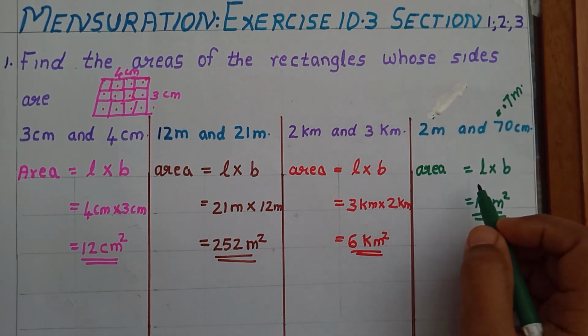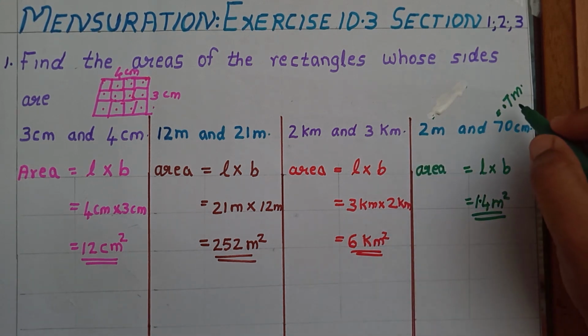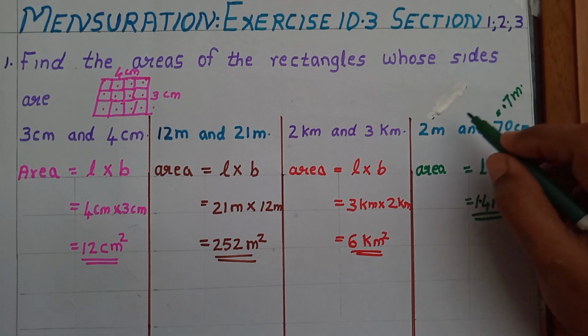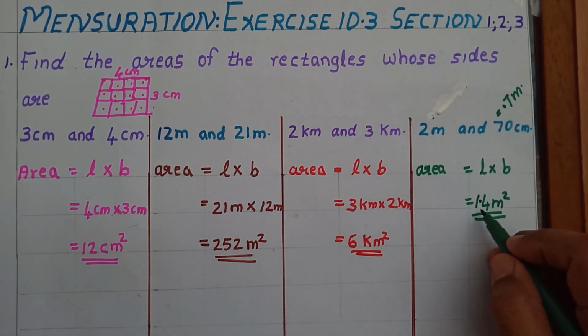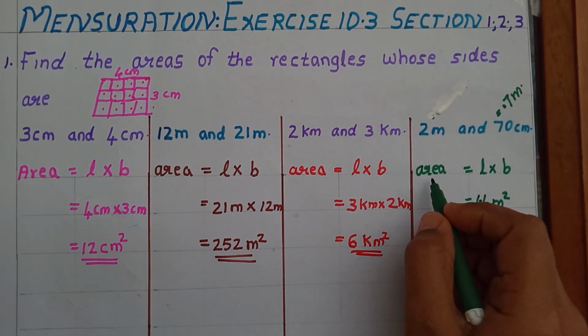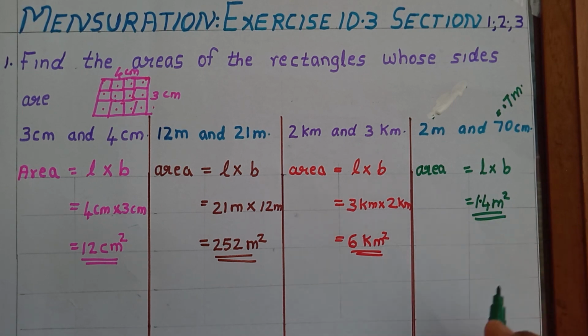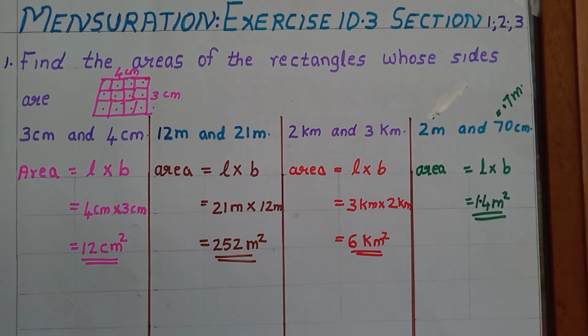Therefore area is L into B. L is 2 meter and B is 0.7 meter. After multiplying 2 and 0.7, we will be getting 1.4, and both the units are meter. So the unit of area is meter square. So the final answer is 1.4 meter square.